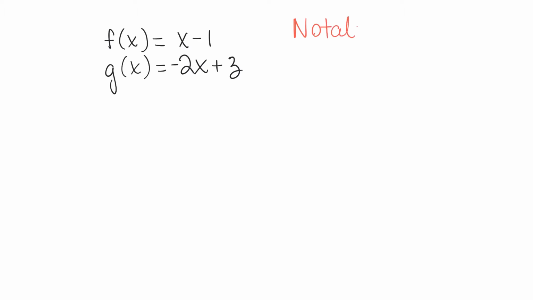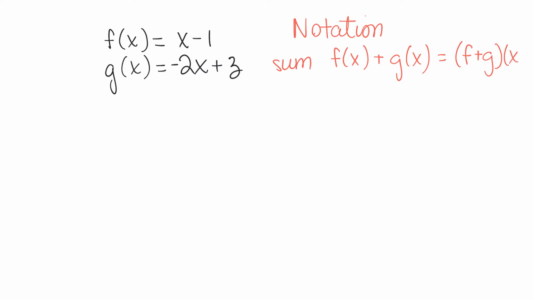So, the notation has a couple different ways to write it. We can take the sum of the functions, which in this case would be f of x plus g of x. And we can also write that as f plus g of x. We can take their difference.